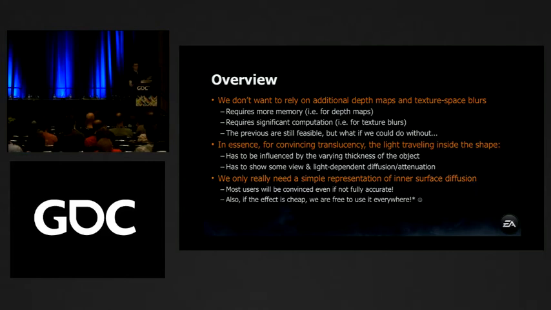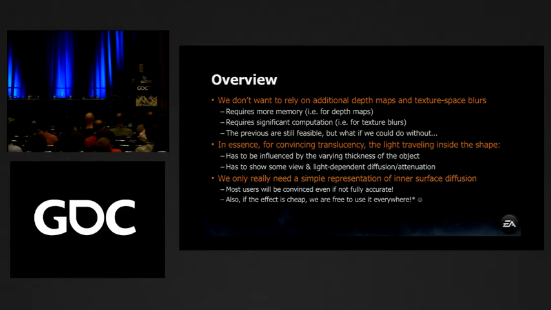And moreover, with the current state of computer graphics, several simple elements can be combined together in order to convince the user that the objects in the world are actually translucent. So first, one of these elements is that the light traveling inside the shape has to be influenced by the varying thickness of the object. And it also has to show some kind of view and light-dependent attenuation.